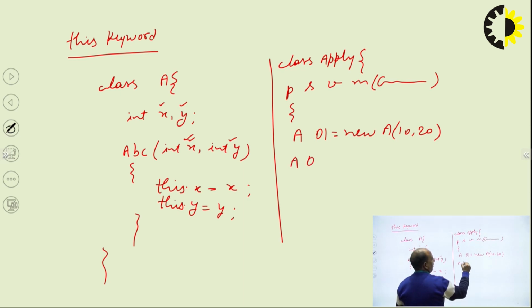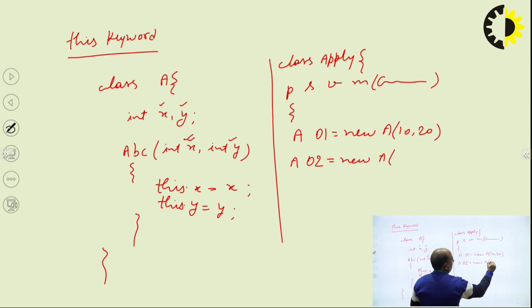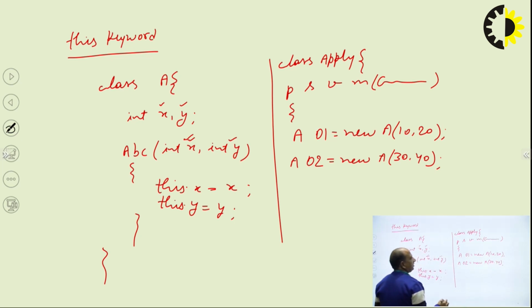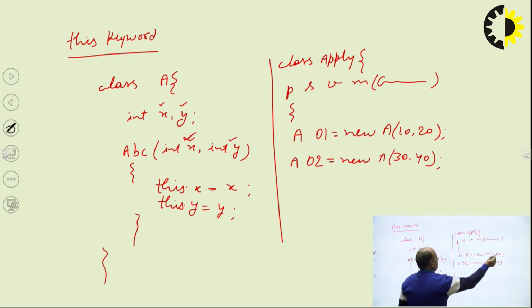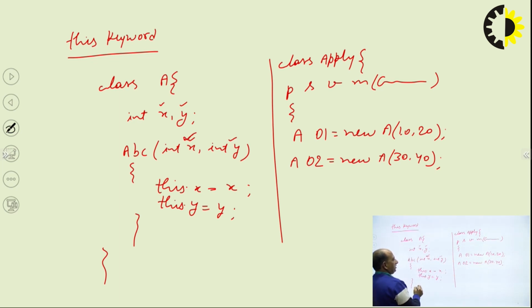Similarly, I have created another object O2 equals new A(30, 40). Means I am passing this 10 to this x and 20 to this y. Similarly, whenever this second object is created, 30 will come to this x and 40 will come to this y.